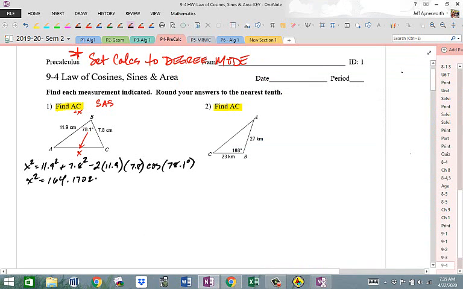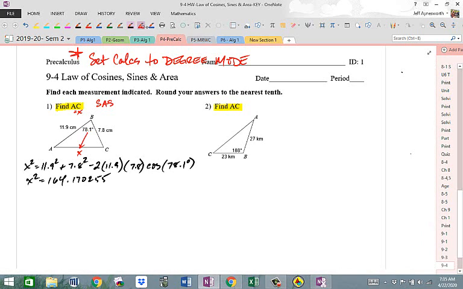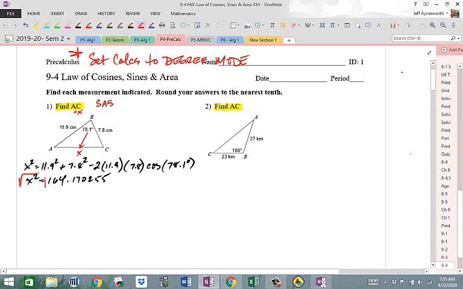Now on the TI-84, what you do is you just recall the answer. I haven't figured out how to do it on Desmos yet, but we want to square root both sides. Again, there are 9 significant digits here, so you want to take a lot of digits for accuracy.